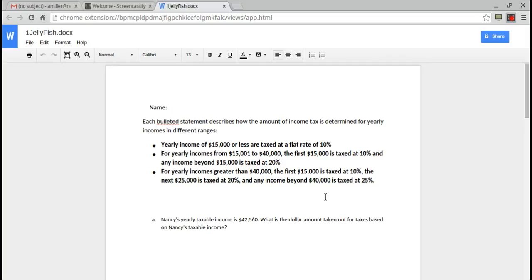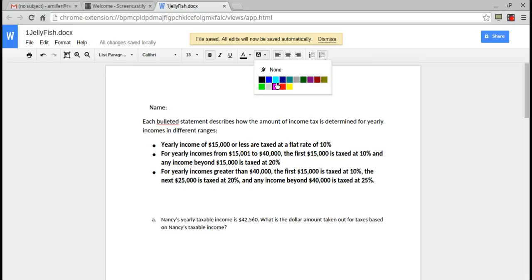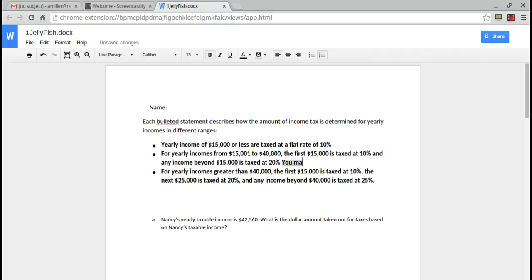The next bullet point, for yearly incomes from $15,001 to $40,000, the first $15,000 is taxed at 10%, and any income beyond $15,000 is taxed at 20%. I'm just going to write a quick example on here. Let's say you make $20,000 a year.